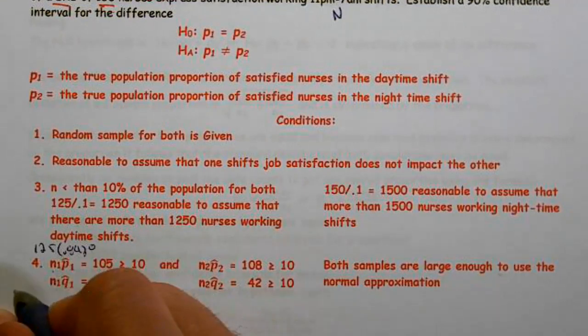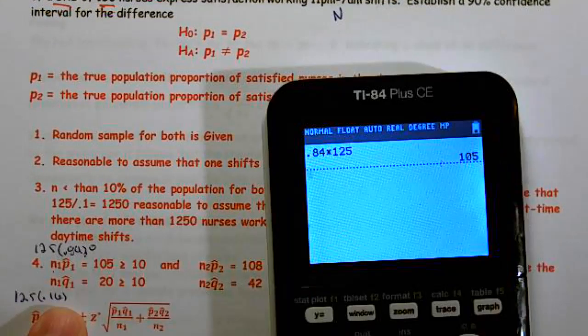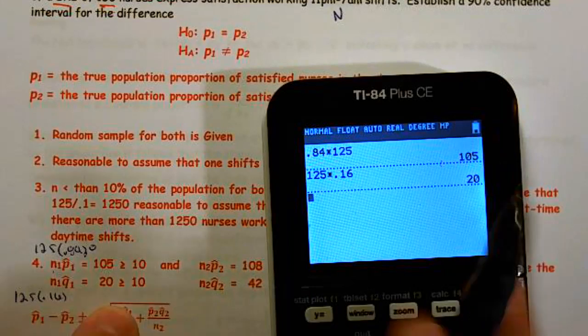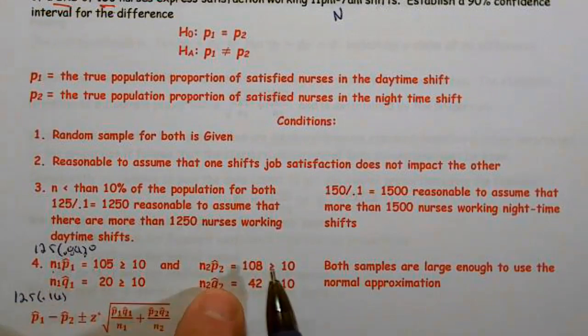This is going to be 125 times 0.16. All right. And 125 times 0.16 is 20. This is where it's very easy to get a decimal response. And please note, these X's, when you put them in the calculator, must be whole numbers. And we do the same thing over here.